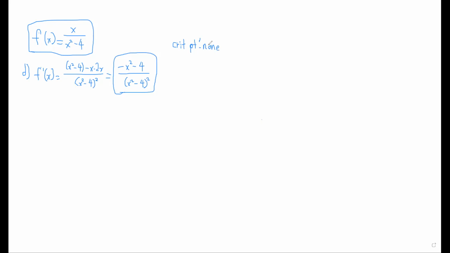Now, by analytics, negative x squared minus 4 is always going to be negative. You can put any number in there and it's always going to be negative. x squared minus 4 squared will always be non-negative. So it looks to me that f prime x is always negative throughout the domain.